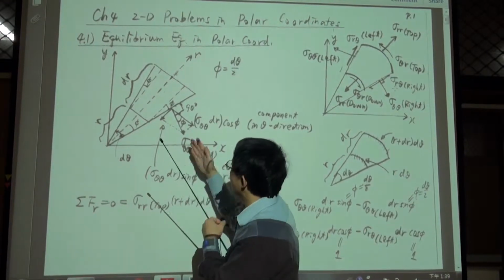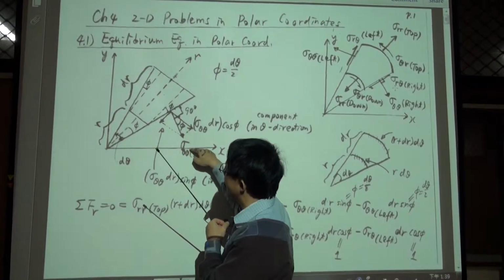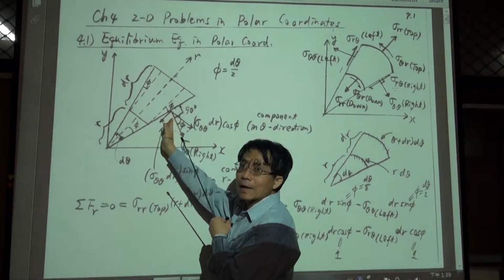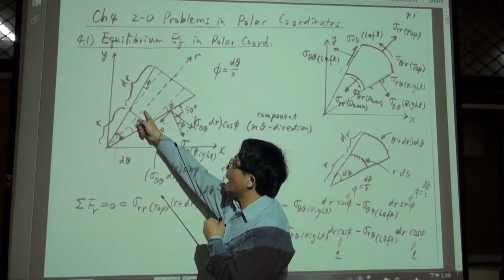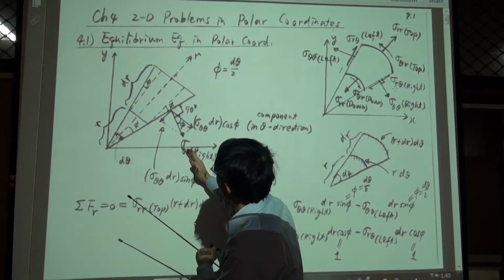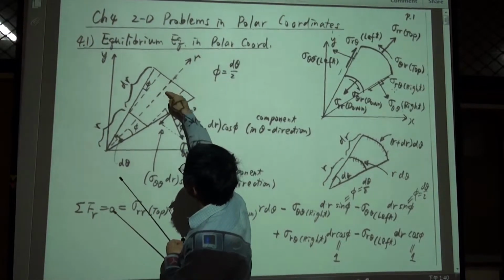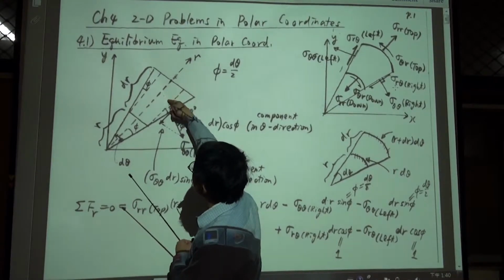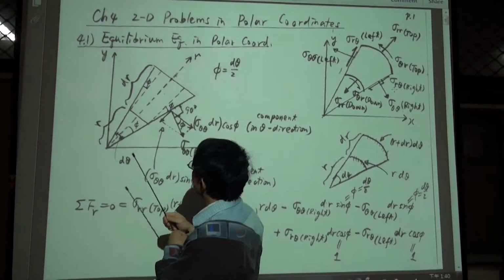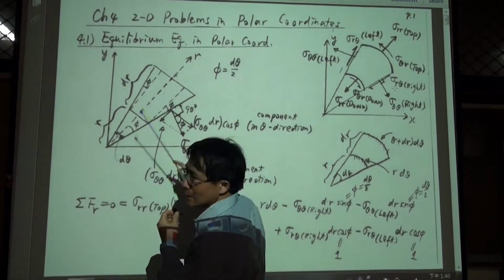The result is that the normal stress here, sigma theta, has some component in the R direction defined here. It means that you have a sigma theta, a vector, you extend it to here, and then you will find that this vector is not perpendicular to the radius here.